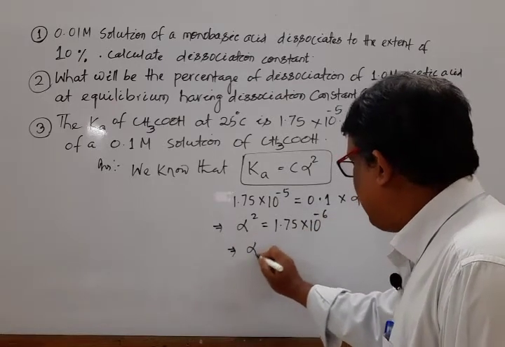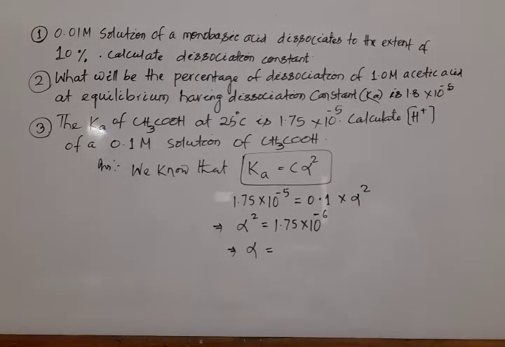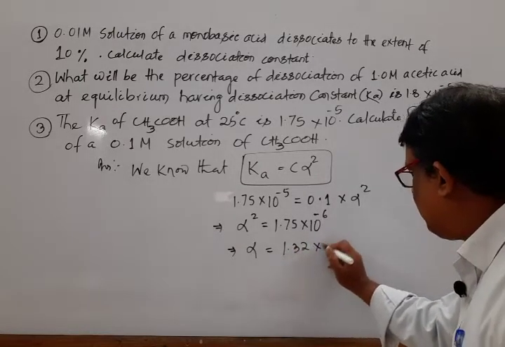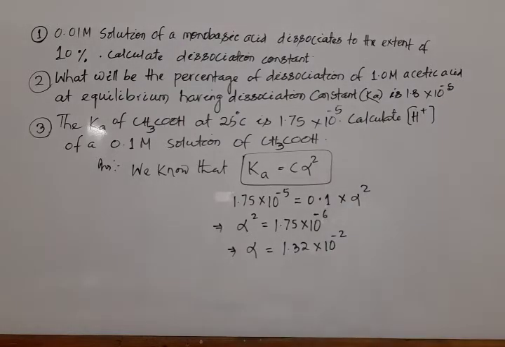If we take the square root, the value of alpha is equal to 1.32 into 10 to the power minus 2.